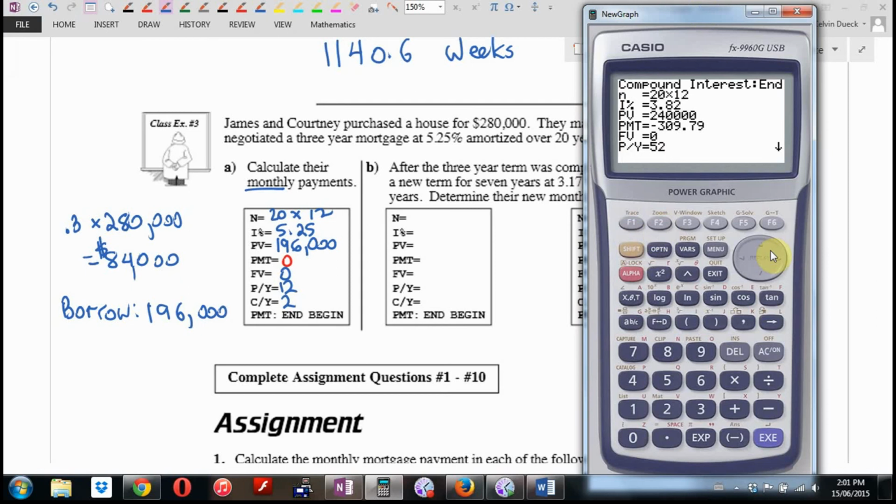N is 20 times 12, 5.25, 196,000. Payment temporarily 0 as a placeholder. 0, 12 times a year, twice a year, and I want to find the payment. Looks like the payment is going to be $1,314.55.